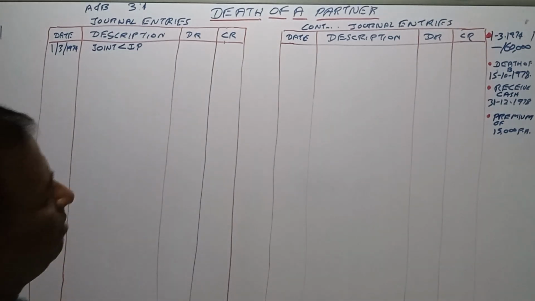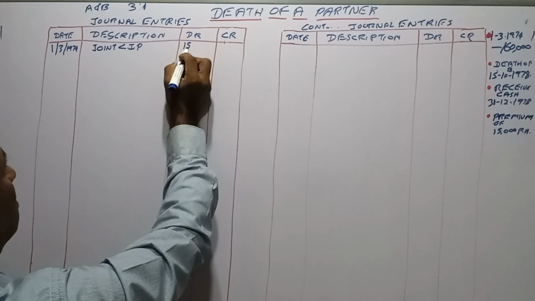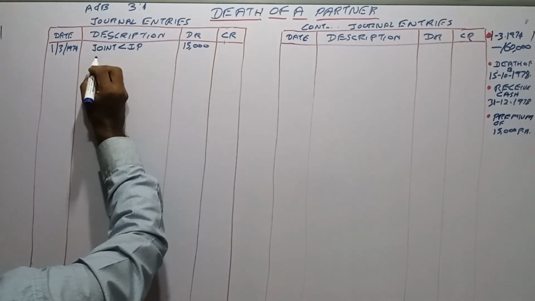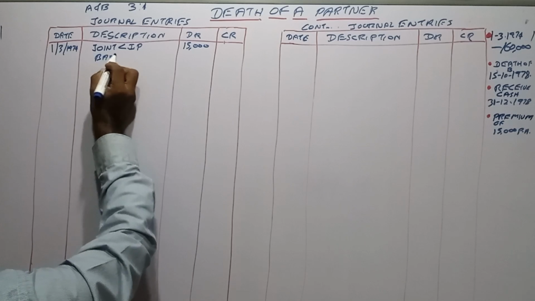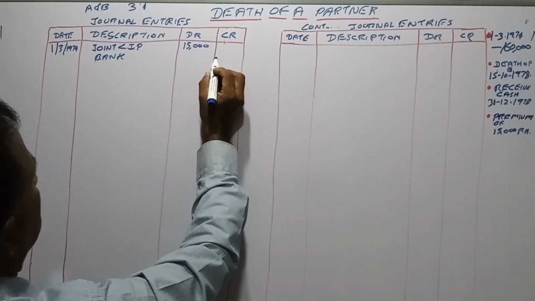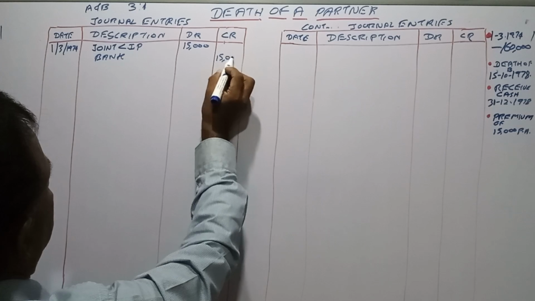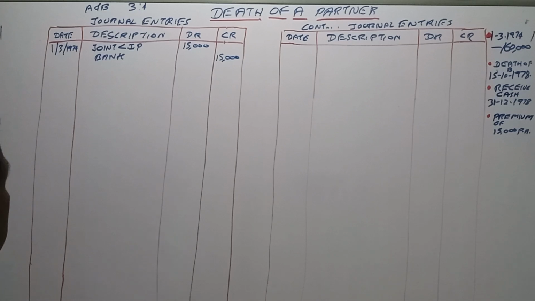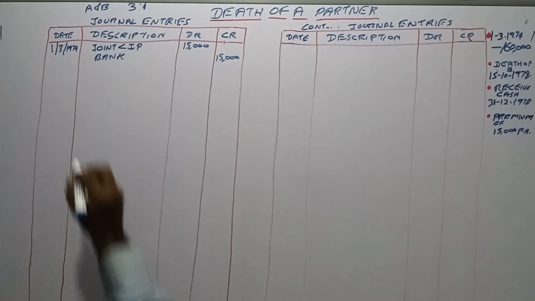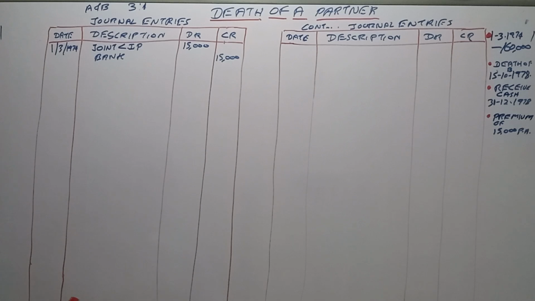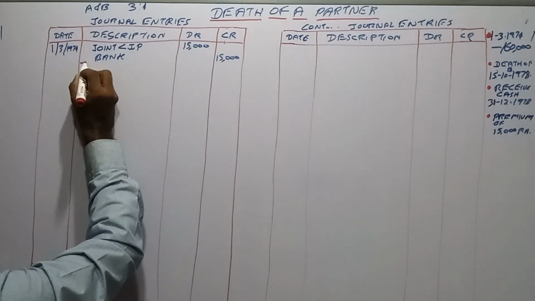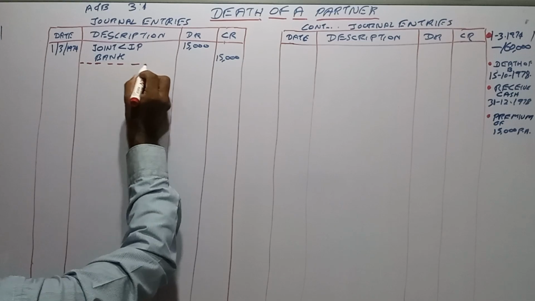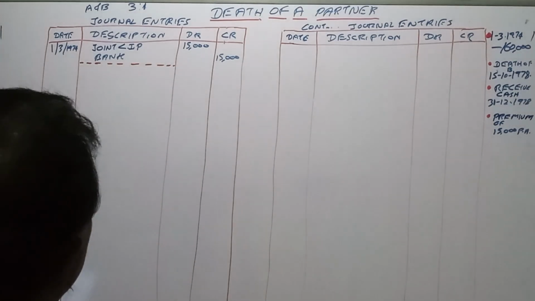Joint life insurance policy account is debited 15,000, bank account credit. That is the first entry we will pass for 1974, right? This is number one.